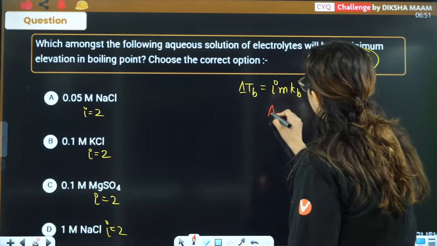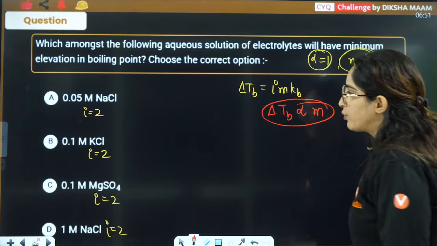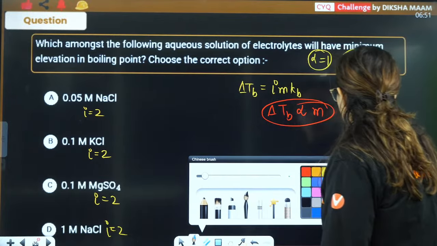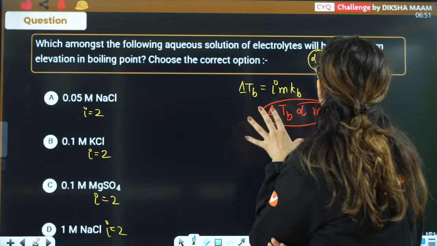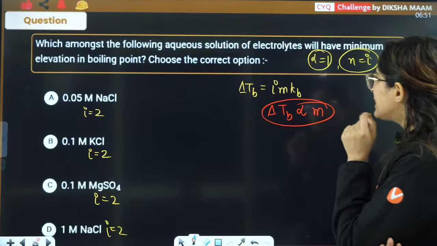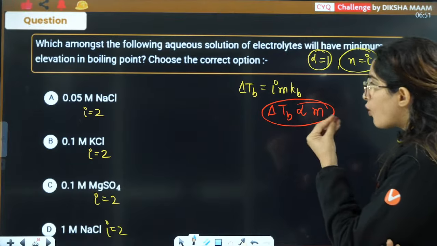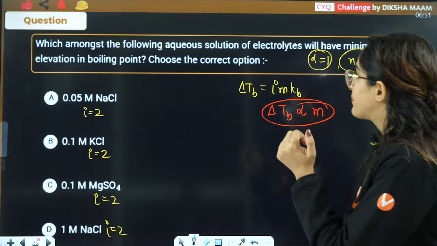So delta Tb only depends upon the molality here. It only depends upon the molality. So the more the molality, and they are assuming that if nothing is given, you can assume molality is equal to molarity, right? So we can say the more the molality, the more the delta Tb, right?